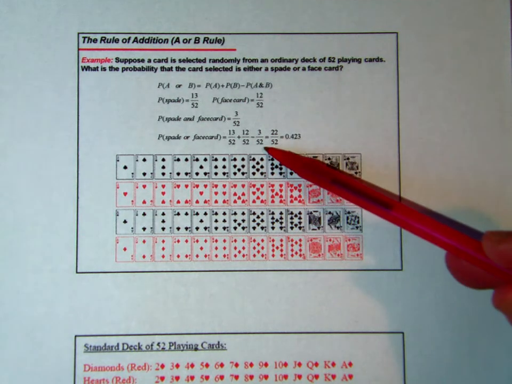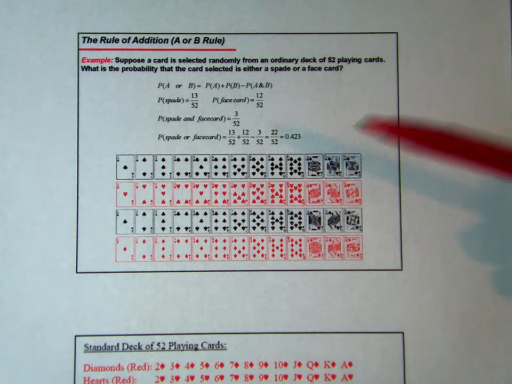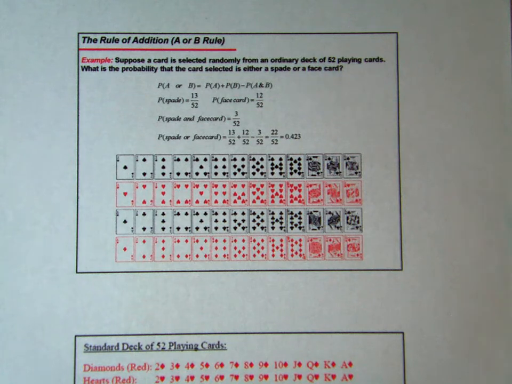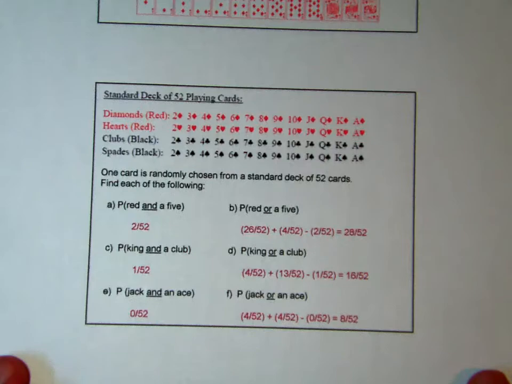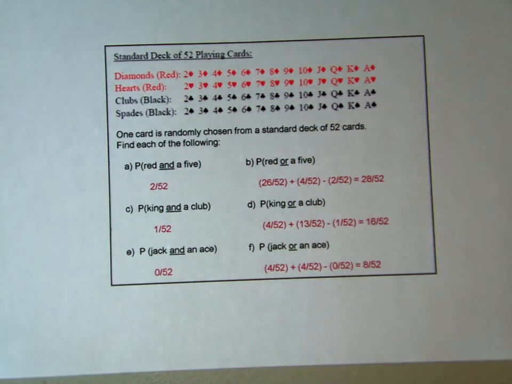So we have to subtract off that 3 out of 52, and for this particular slide, they put the final answer into decimal form. Again, make sure you follow the instructions. If there are no instructions, it's your call on how to express the final answer. All right, some more practice with the cards using these rules.